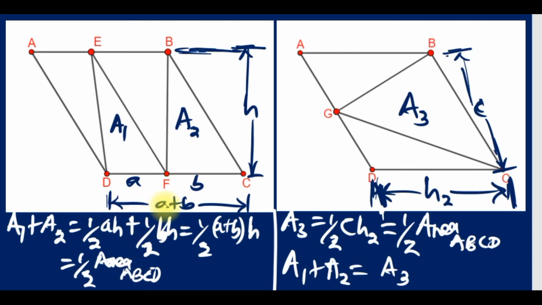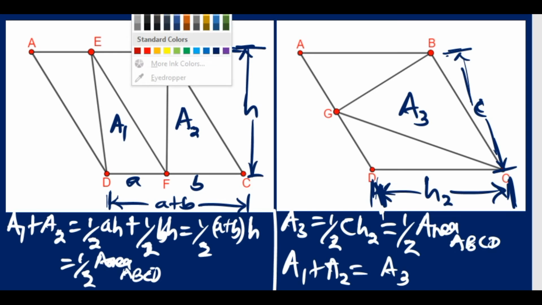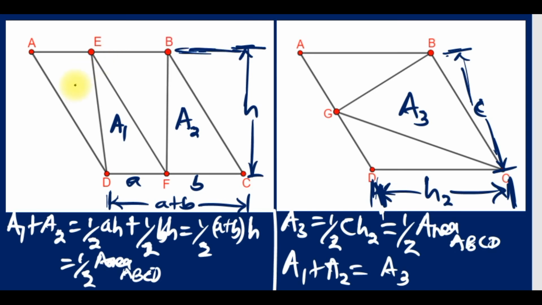So that's the property we are going to use here. Likewise, in this case, if you have A4 and A5, that same way, A4 plus A5 will also give us A3.